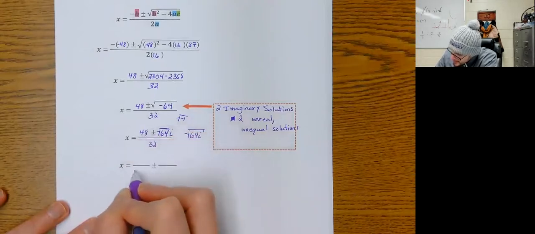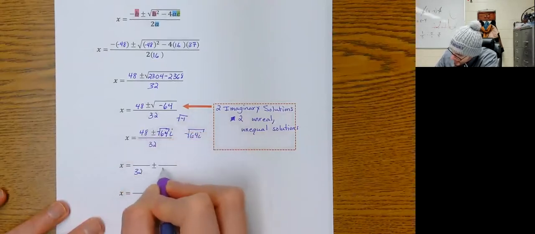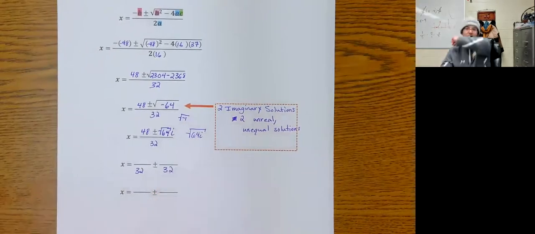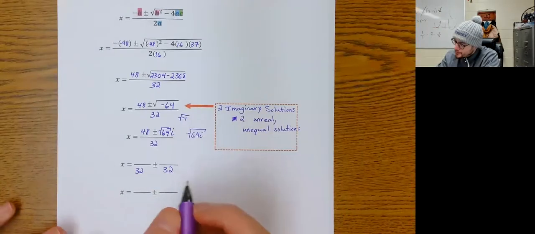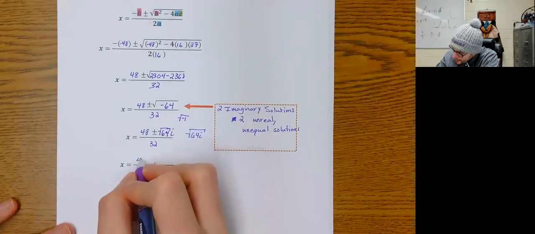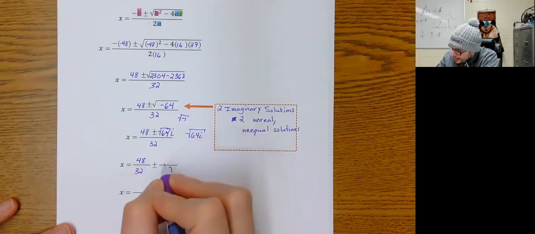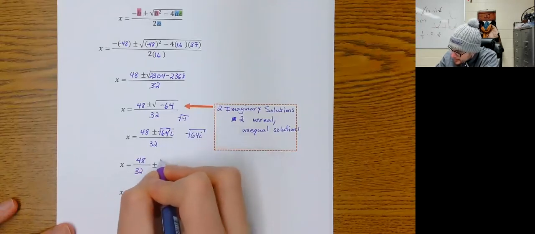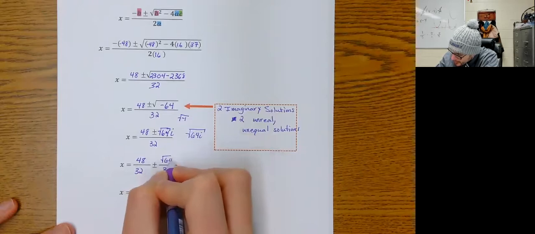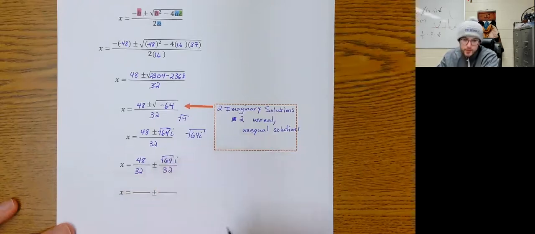All right, we're going to separate this out. 32. Oh, gosh. Whew. Long day. We got 48 here. I'm going to do the step that I didn't do last time. So this step is just to separate it out.